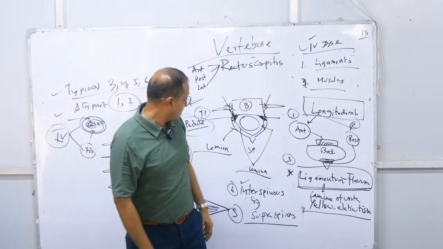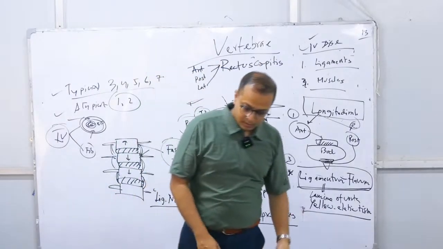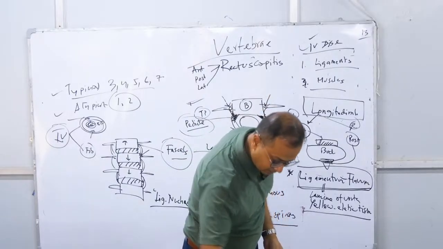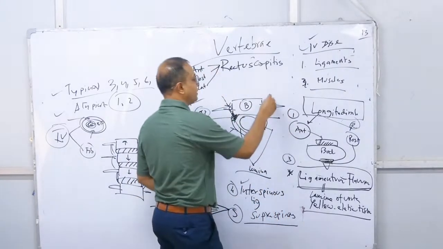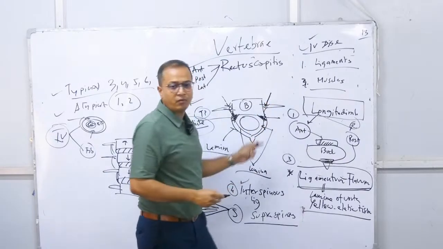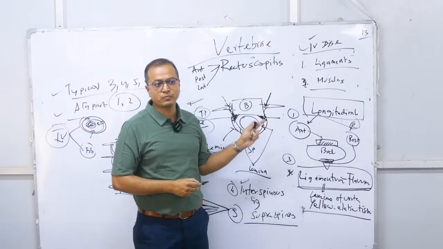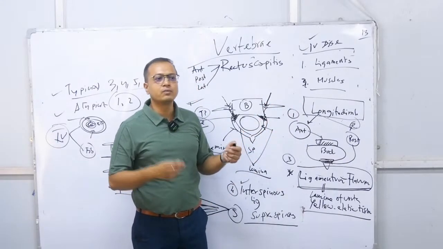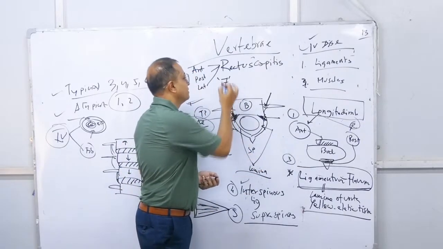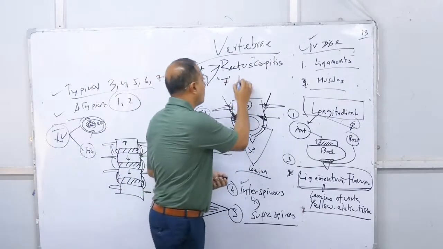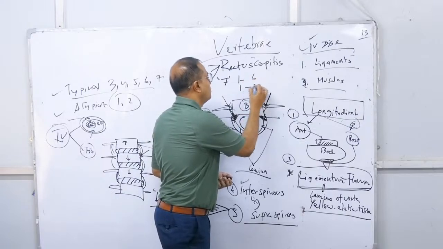That's it. Now a little bit of detail about the exam-important question. We find this foramen in the transverse process, and we call it the foramen transversarium. Now how many vertebrae do we have? 7 vertebrae, 1 to 7.